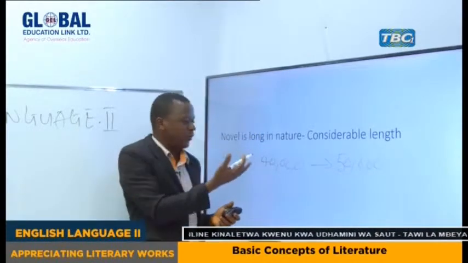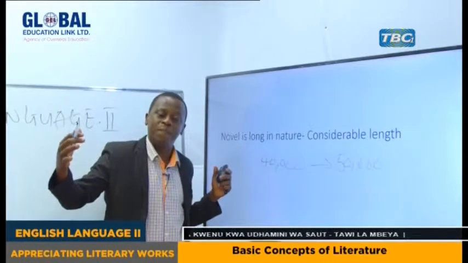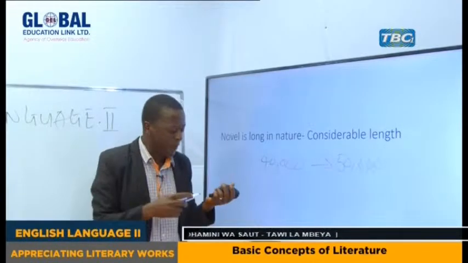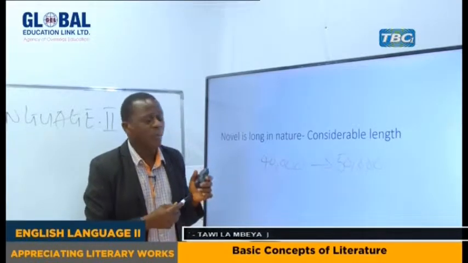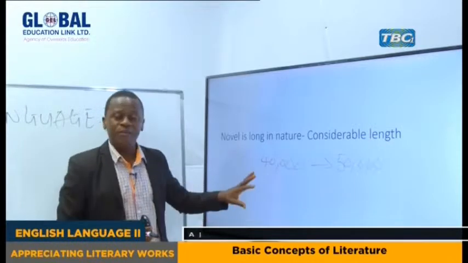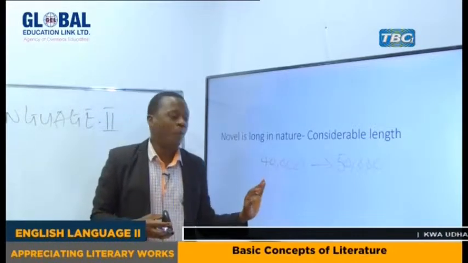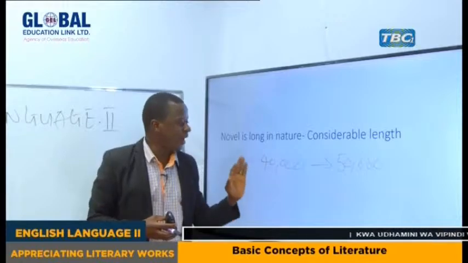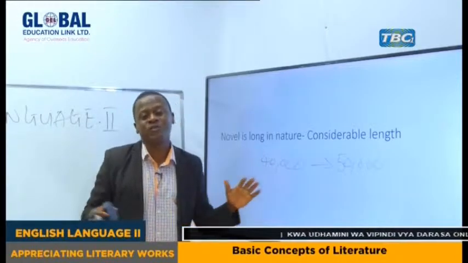Now, this particular novel is very long. It contains so many pages, so many chapters, so many words. The reader may take even a week, or weeks, to finish such a novel because it is very long.